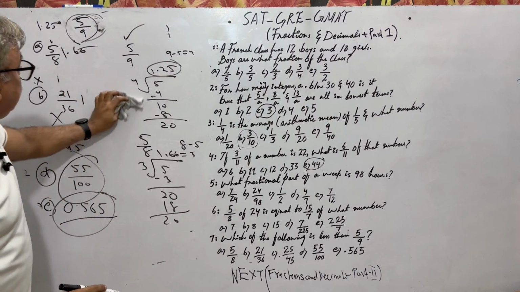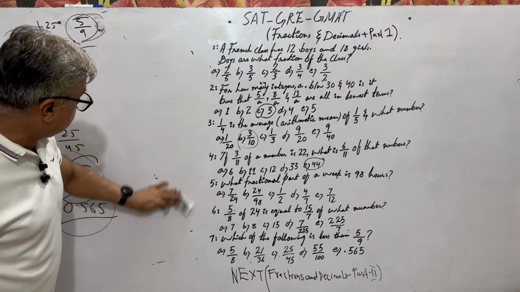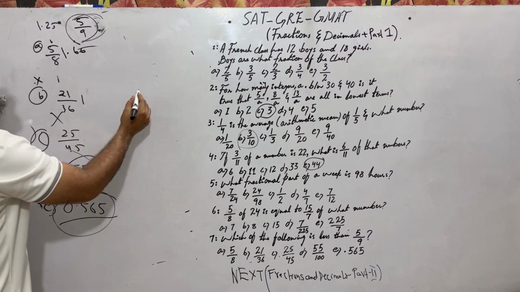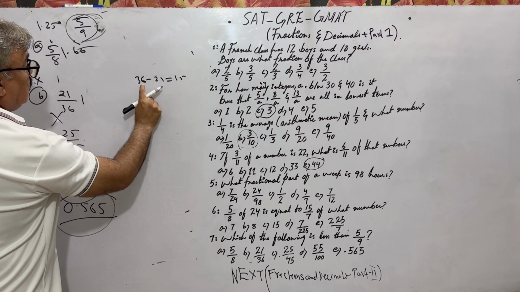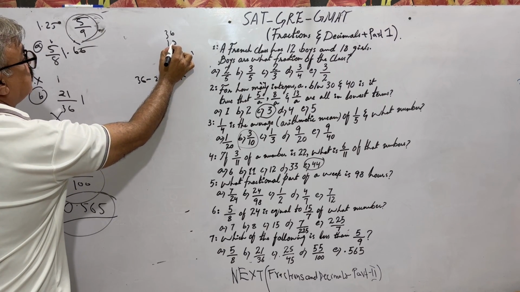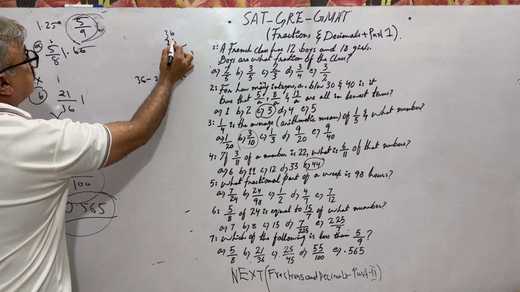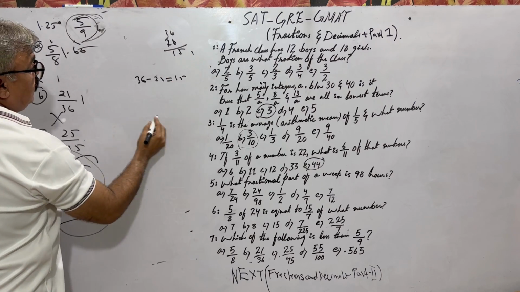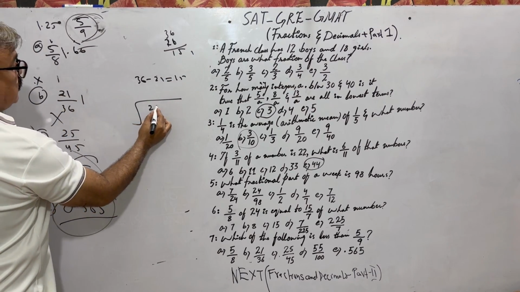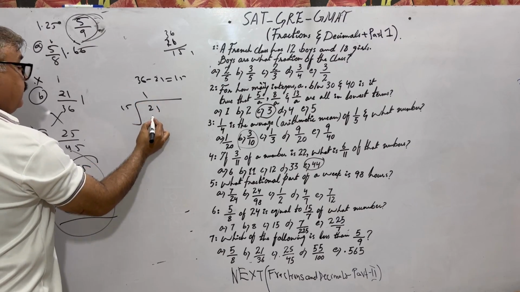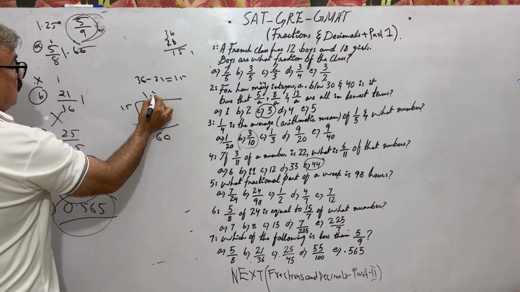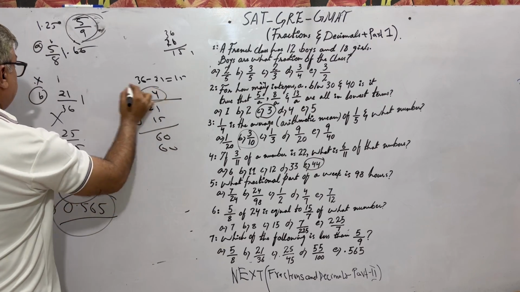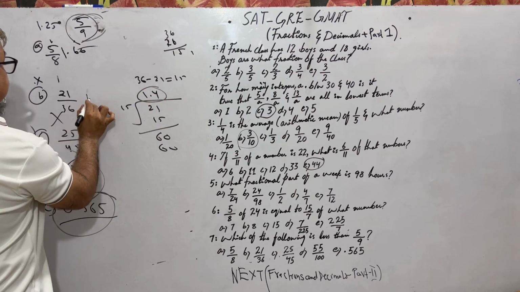What about this 21 over 36? Still I have to manage. 21 over 36, 36 minus 21 is 15. So 21 is divided by 15, one times, subtract, I have 6, introduce 0, 4 times 15 is 60. That is 1.4 corresponding to this.